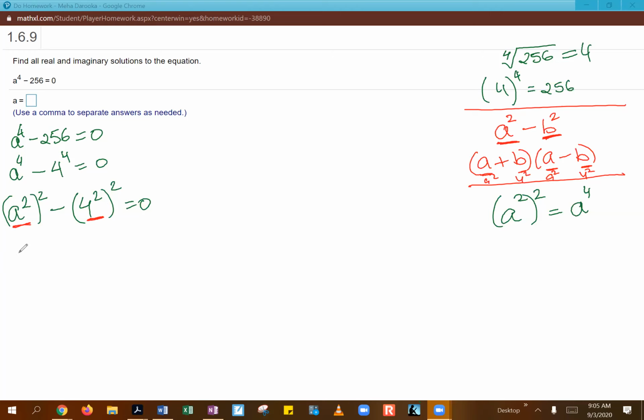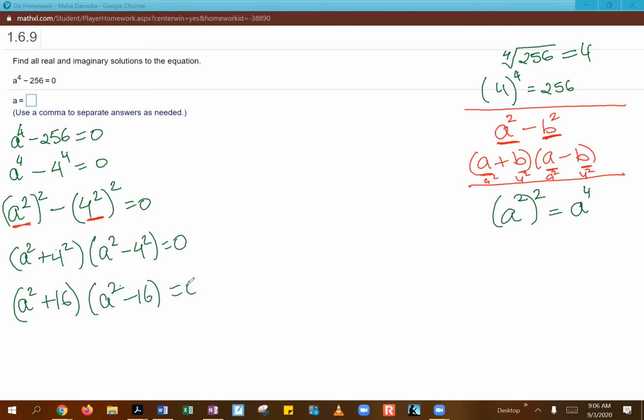So by difference of squares, this will become a square plus 4 square times a square minus 4 square equals 0, or you can write it as a square plus 16 times a square minus 16 equals 0. Use this idea of difference of squares to help us out in factoring this. And now, of course, using the 0 factor property, we take each factor and set it equal to 0.